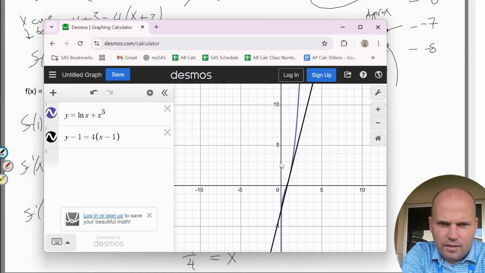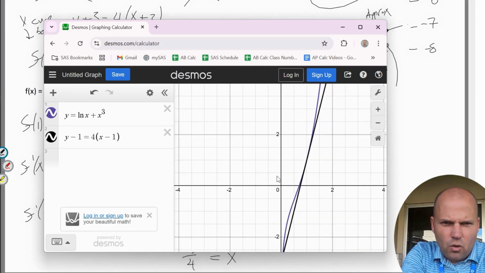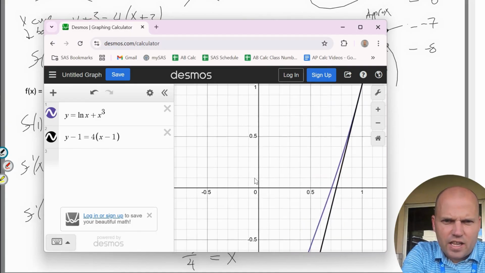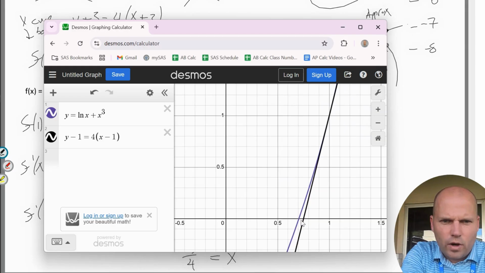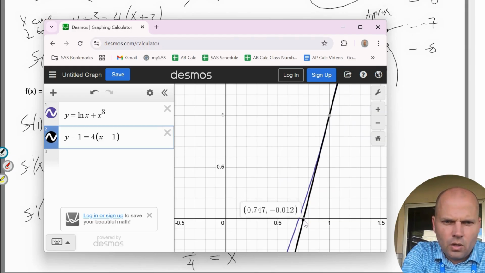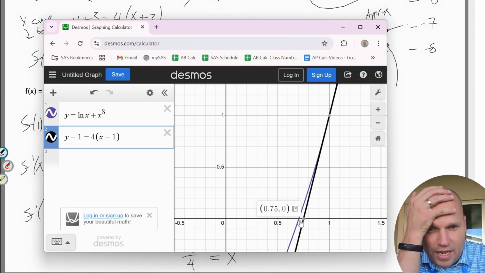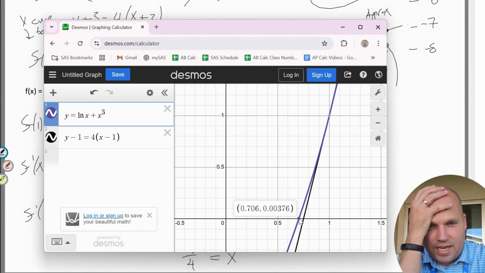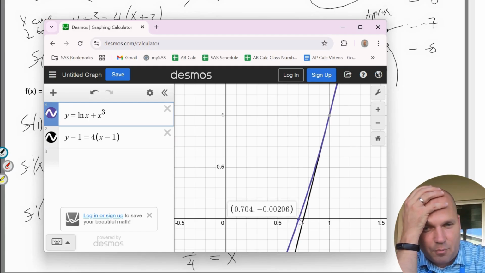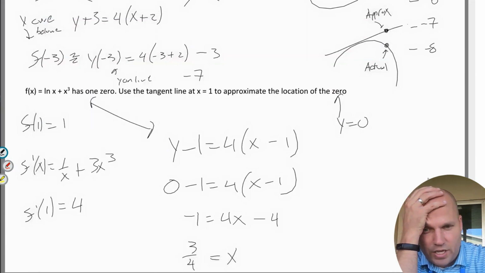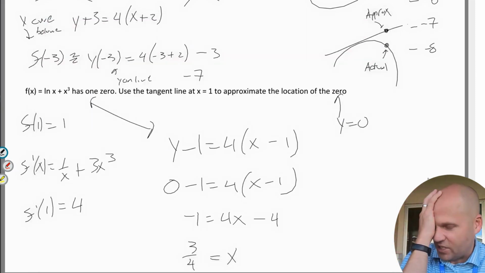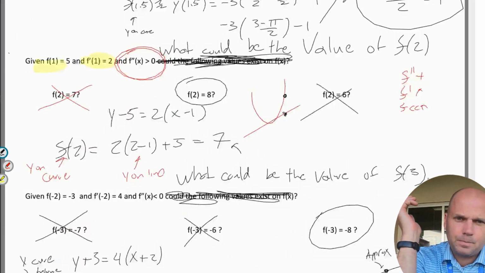And like, yeah, you can kind of see we're going to do okay. So what we are doing is finding the x coordinate where your line crosses, which we found was at 0.75. That is very close to the x coordinate where the curve crosses the x-axis, which is at 0.7 something, you know? So it's like we're pretty accurate using the same idea, okay?